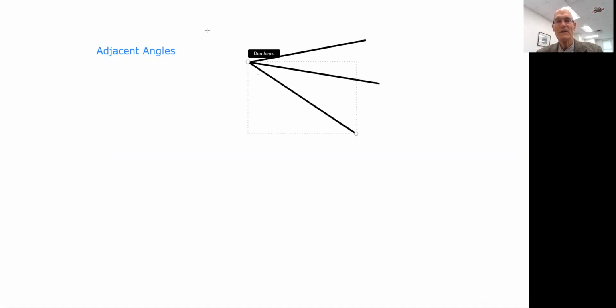And if we label these points, so let's say this is point A up here, this would be B here, and this would be C here, and we'll let the vertex up here be D.